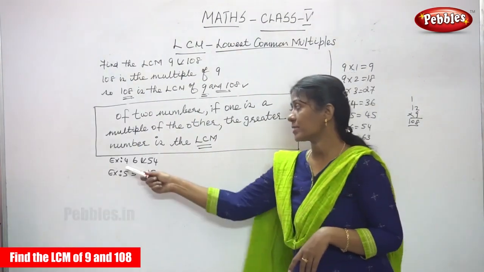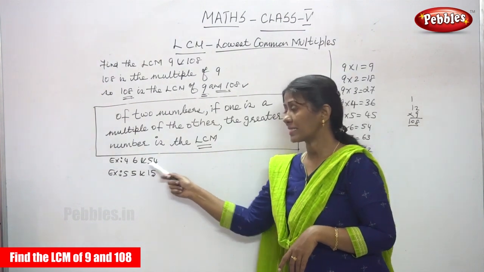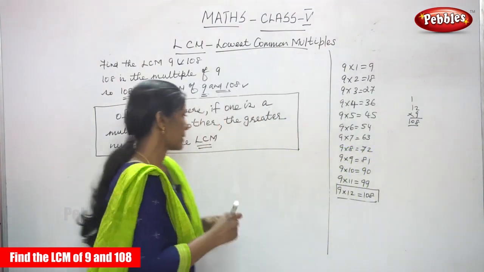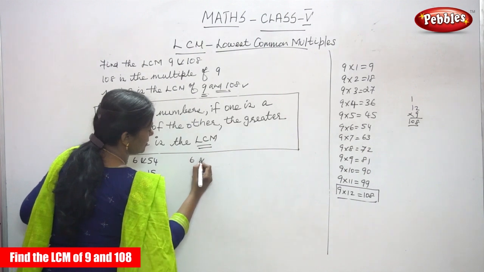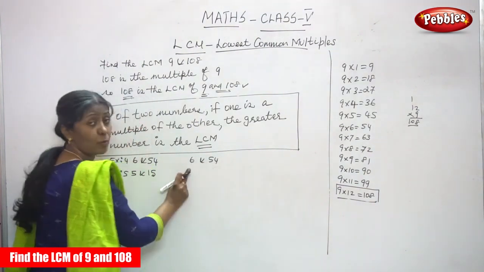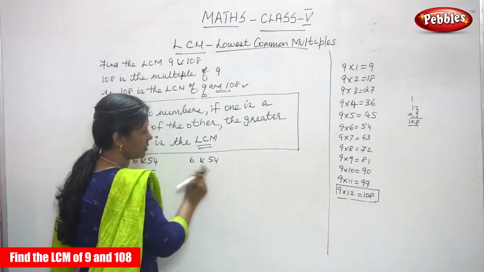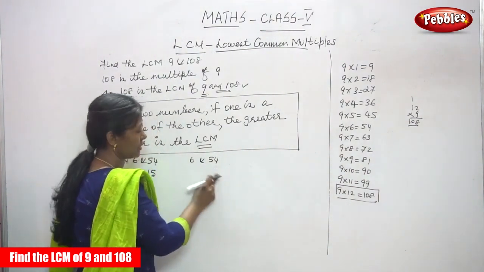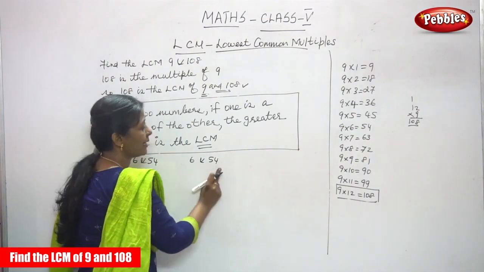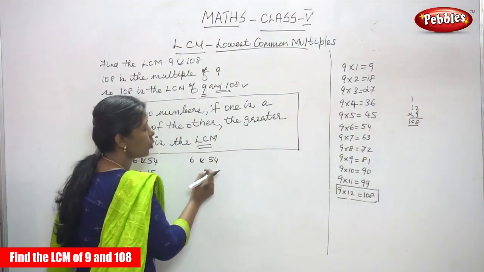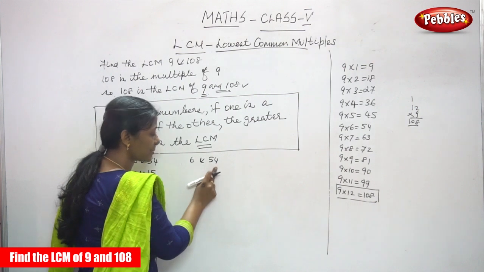Now we are going to see example number 4, 6 and 54. 6 is one number and 54 is another number. So 54 is a multiple of 6.